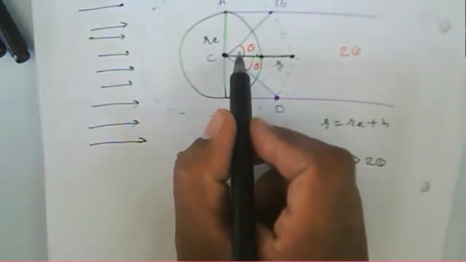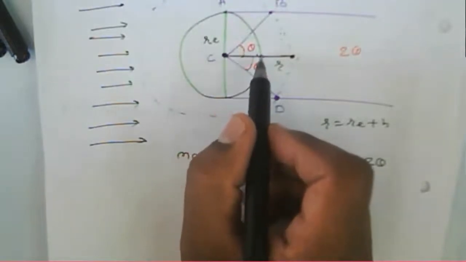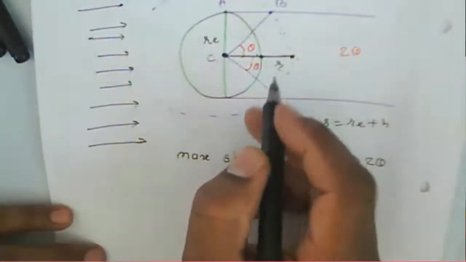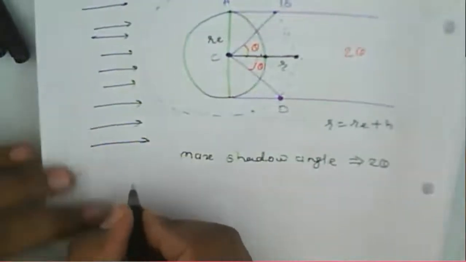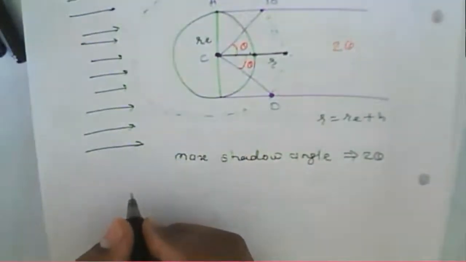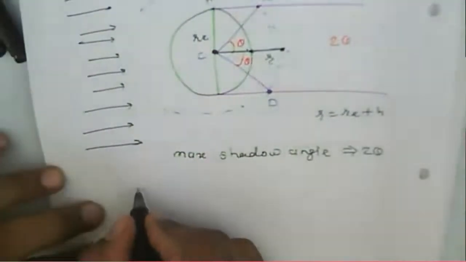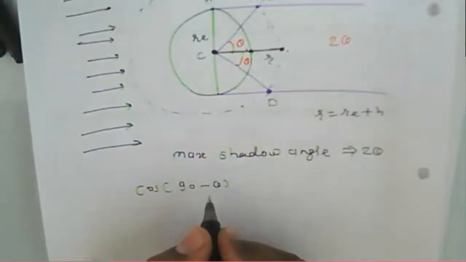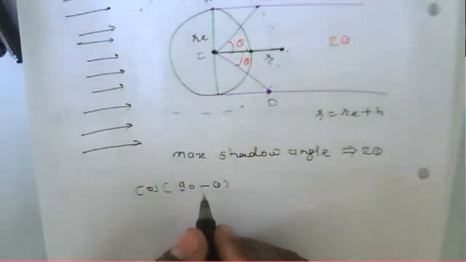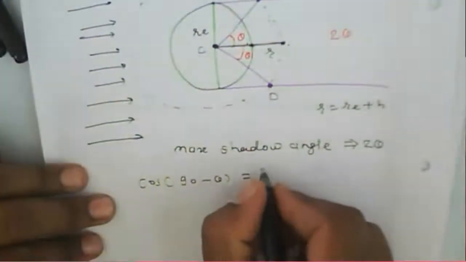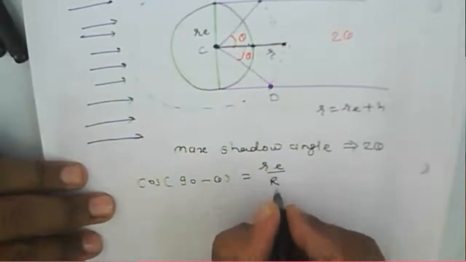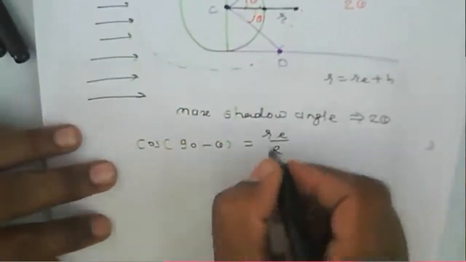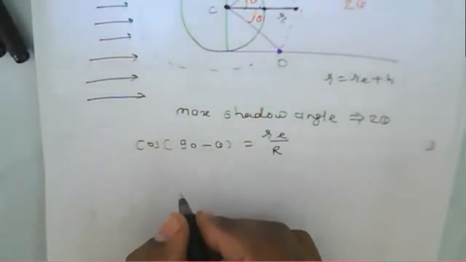So we can calculate the angle of this particular theta. We need to consider the cosine of that angle with respect to the radius of the earth and this particular distance here. So cos of 90 minus theta is equal to R_E by capital R, and R_E is nothing but the earth radius.